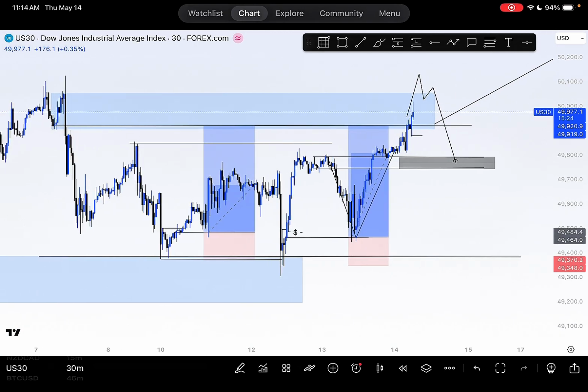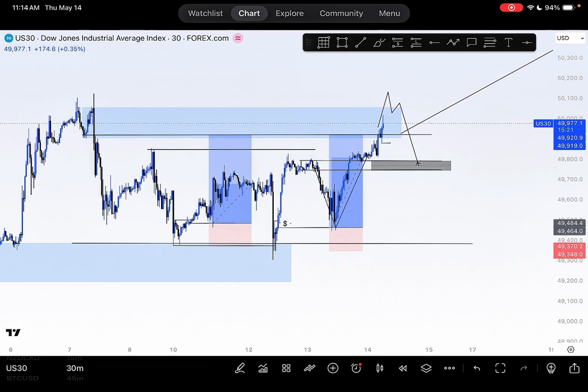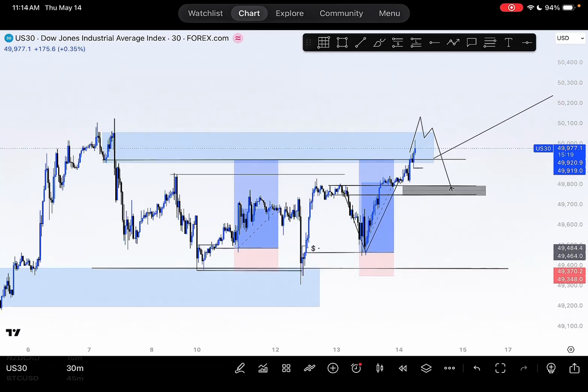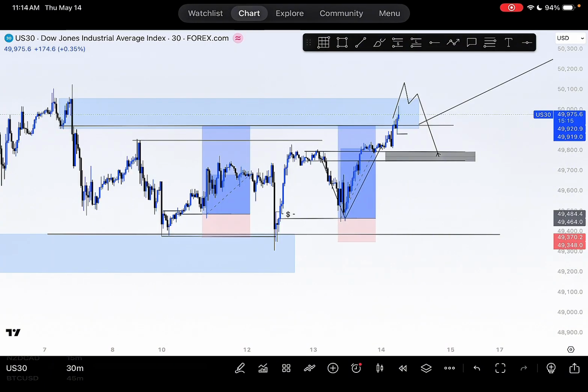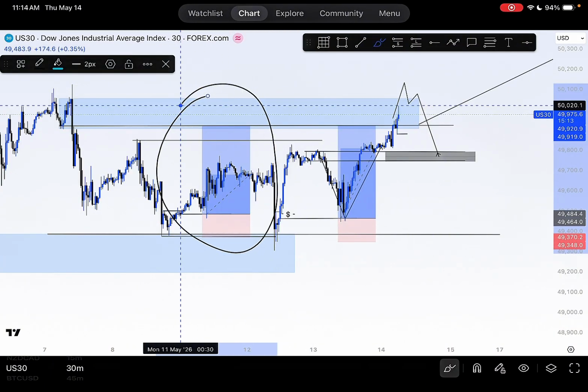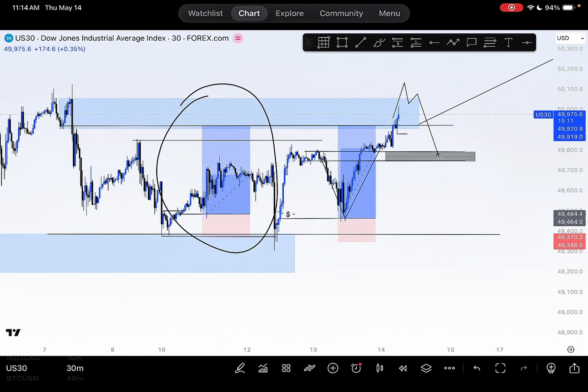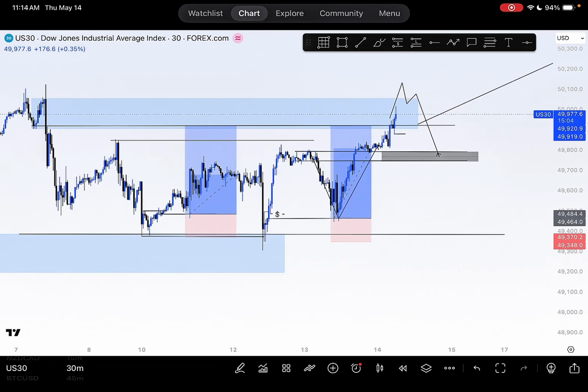Mind you that this setup is not 100%. The fact that I'm showing you all this, as you can clearly see, I took a loss here to show you that this strategy can also fail. No strategy is 100%. We just analyze and we allow the market to play out.